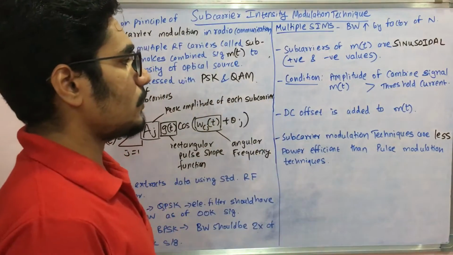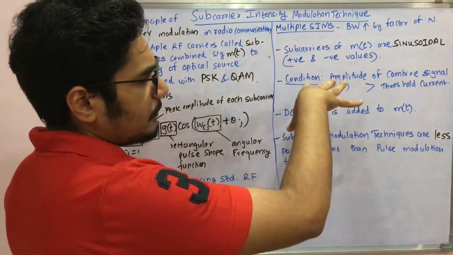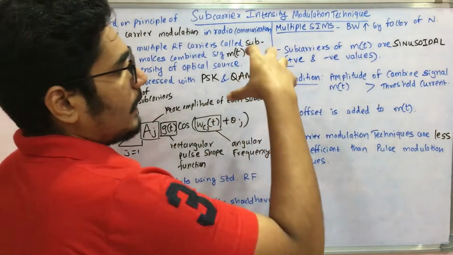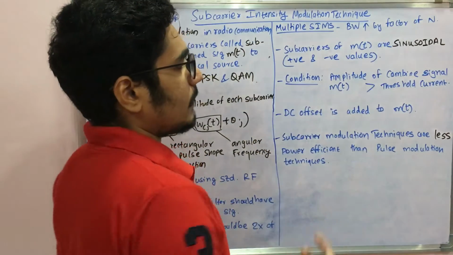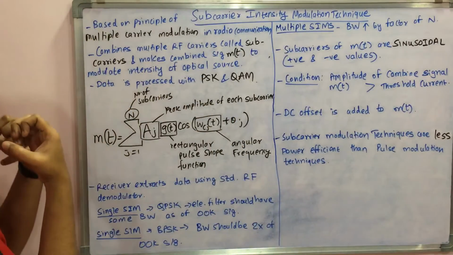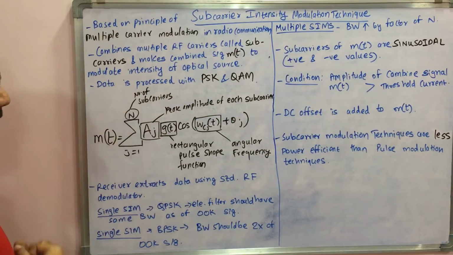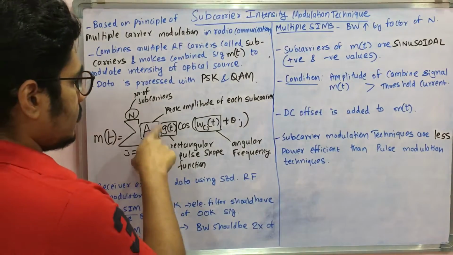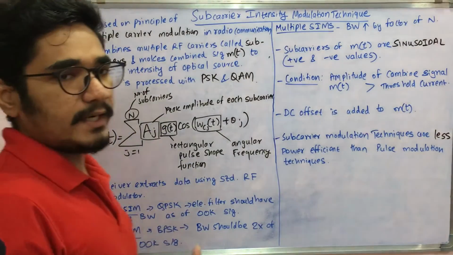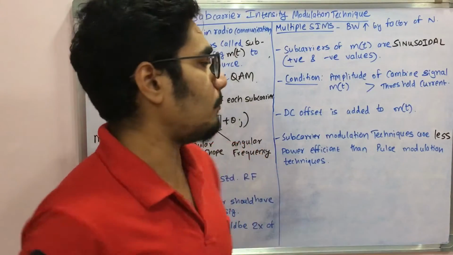Then there is one condition. The amplitude of the entire m of t, the combined RF signal, should be greater than the threshold current. We consider the amplitude of the data in this case, like A j, of each of the combined signals, and it should be greater than the threshold current for which you are applying.